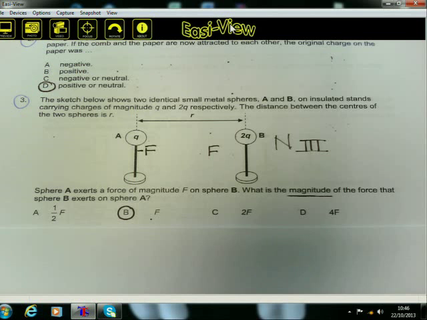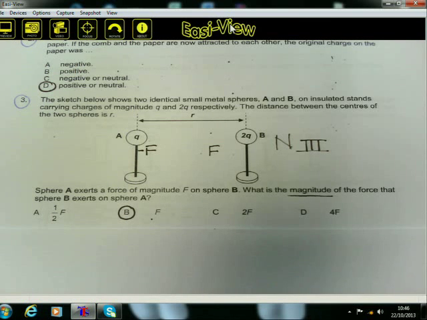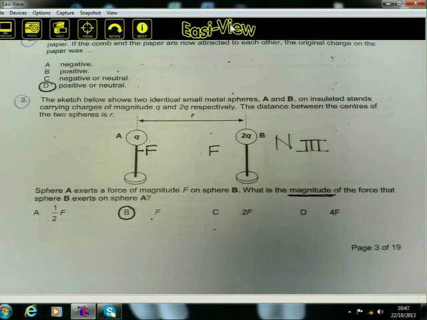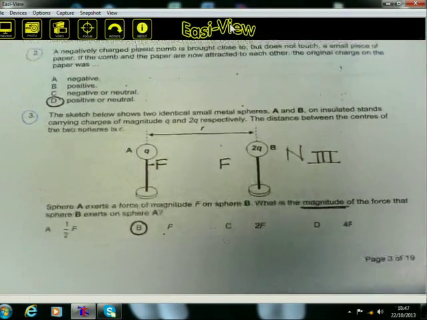I'm going to give you a minute to write this down. And it's so important to read the question well, because they didn't ask whether it is attractive or repelling. They asked the magnitude. The magnitude. Okay, let's move on to question 4.